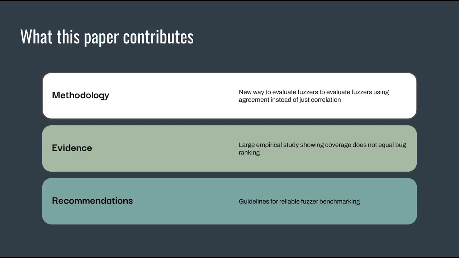Second, they run a large-scale empirical study using many fuzzers, programs, and repeated experiments to measure how often these two evaluation methods agree or disagree. Third, based on their findings, they provide practical recommendations for how fuzzing experiments should be designed and evaluated. And finally, they make their experiments reproducible by releasing the infrastructure and data they used.